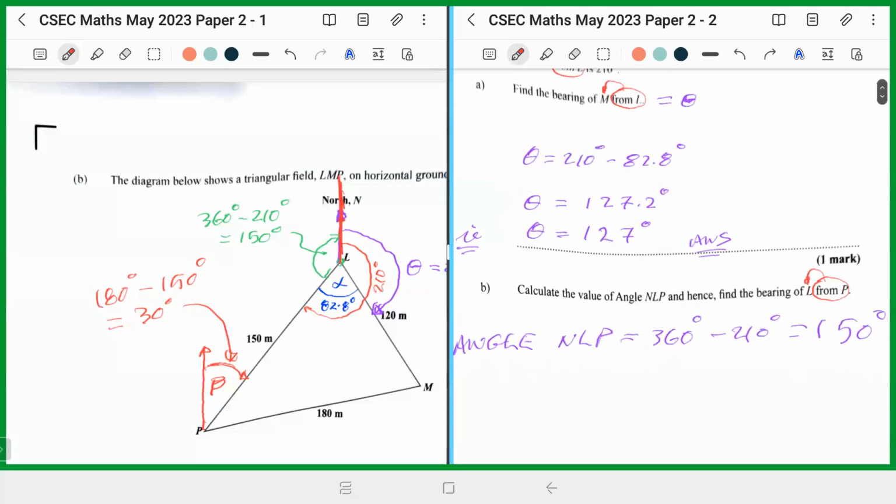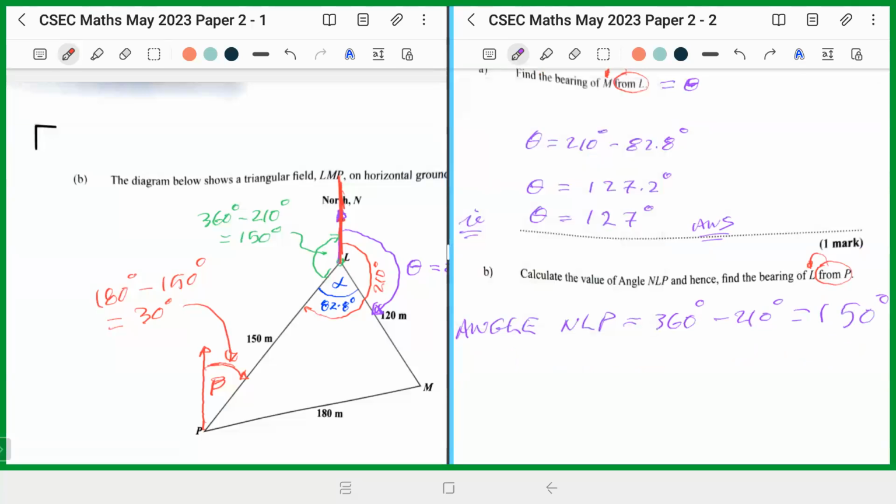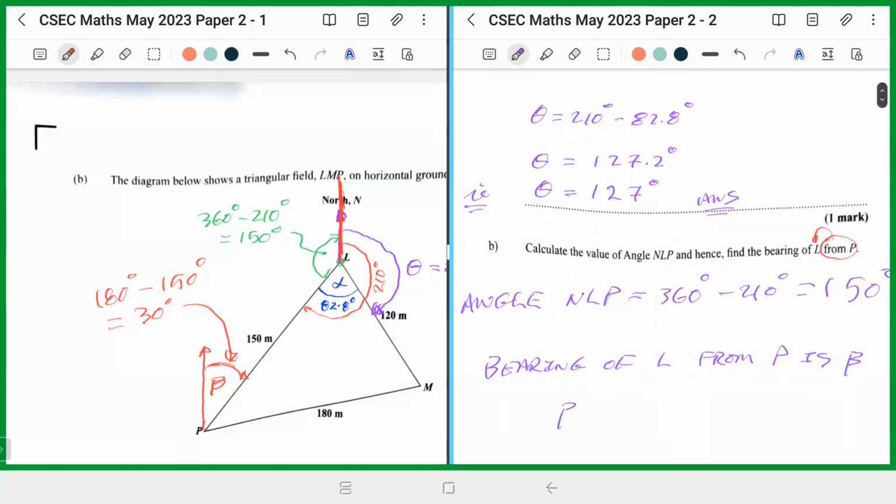So the bearing of L from P is beta on my diagram, where beta is 180 degrees minus 150 degrees.